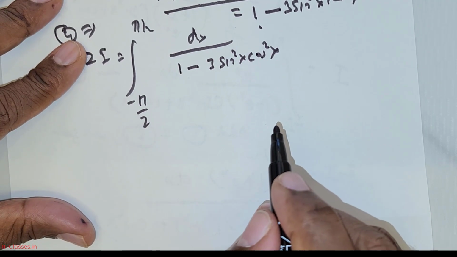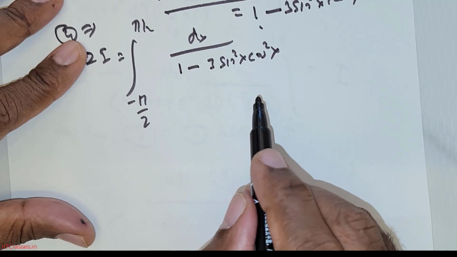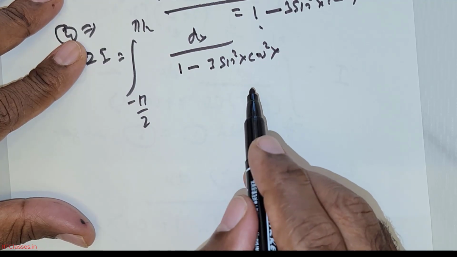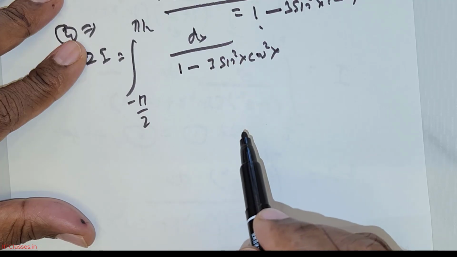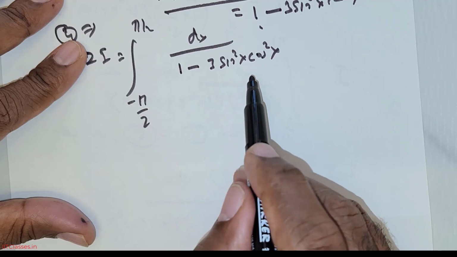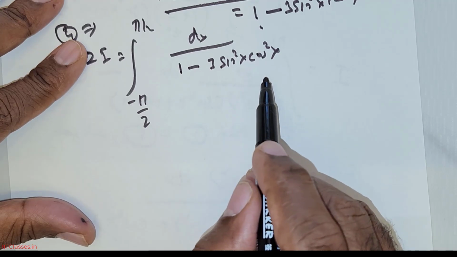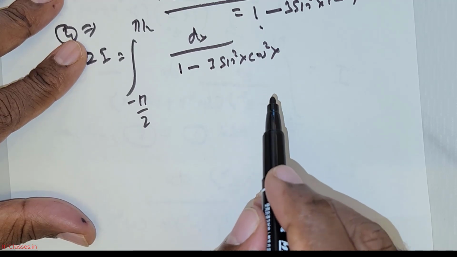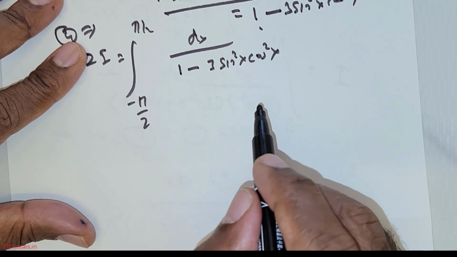Now I want to get rid of this cos squared x. So if I were to get rid of this cos squared x, I need to divide by cos squared x.